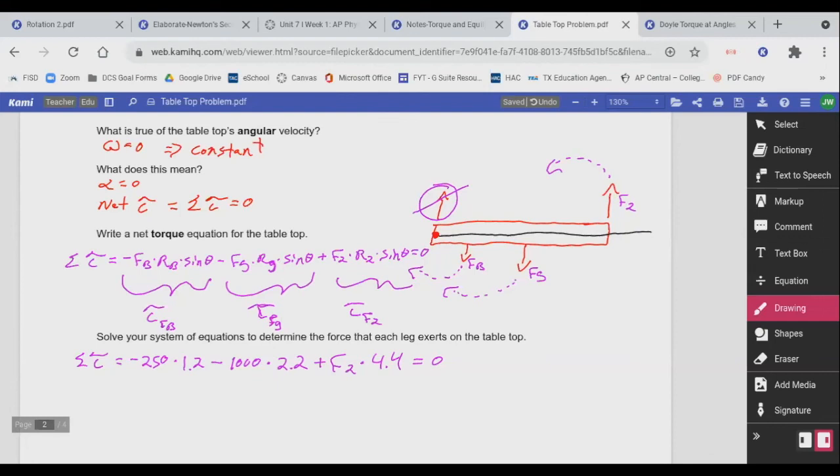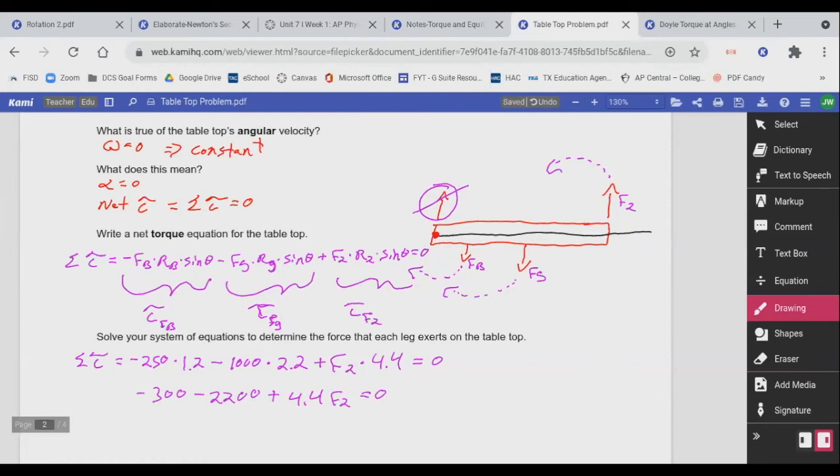So we can totally solve this. All right, let me break out my calculator. I've got 250 times 1.2. That's right? Yeah, so that's negative 300 minus 1,000 times 2.2. I'm terrible at doing math when people are watching me, so I'm going to do it in my calculator. 2,200 plus 4.4 times F2 equals 0, right?